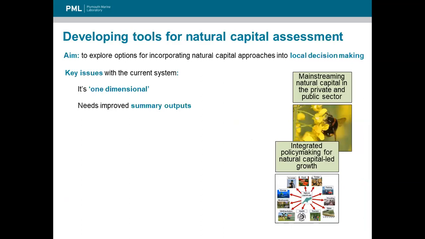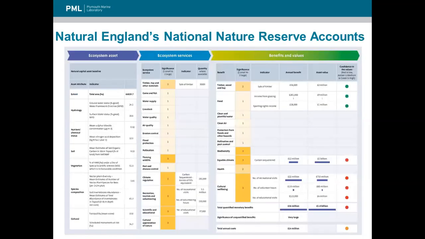So there's also an issue, I think, with the outputs that are provided from sustainability appraisal and similar impact assessment, in that a lot of it is very long reports with a lot of text. And while there is absolutely a need for that, there's also a need to better summarise the headline results from these kinds of reports and assessments.